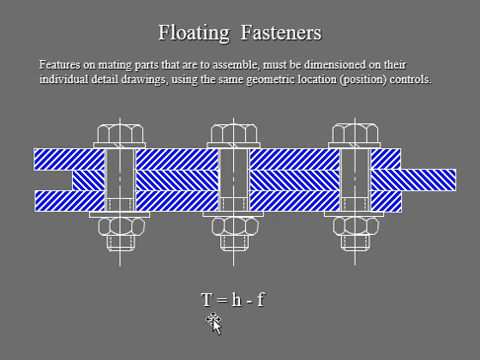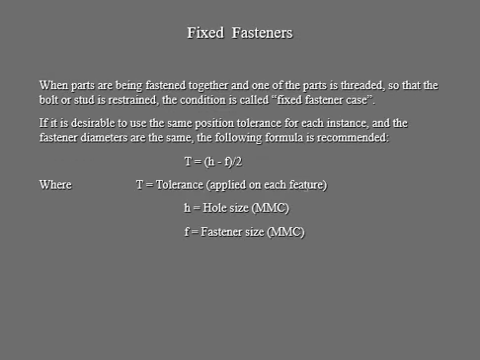So you can get your T, and then your H, and then your F here. That's the tolerance, the hole max, and this one is your fastener diameter. You can see the fastener diameter and the hole diameter visually. You minus the fastener diameter from the hole, and you're left with your tolerance, again and again the same thing. And we're going to calculate that.